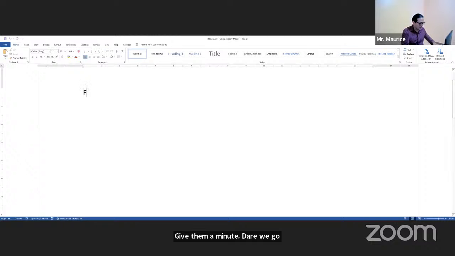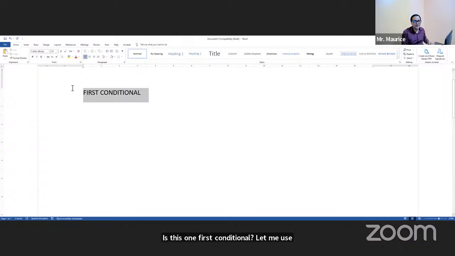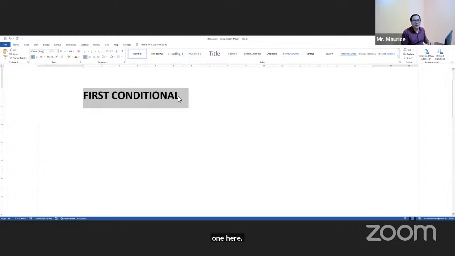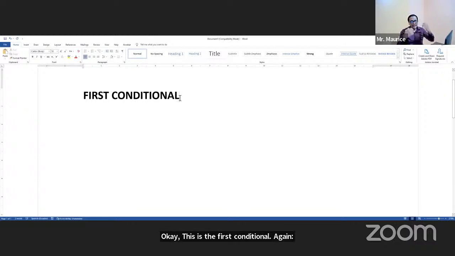Okay, as I said, our objective for today's class is this one: first conditional. This is the first conditional. I need you guys to keep in mind, to start with today's class about the first conditional, we need to learn these 2 tenses.